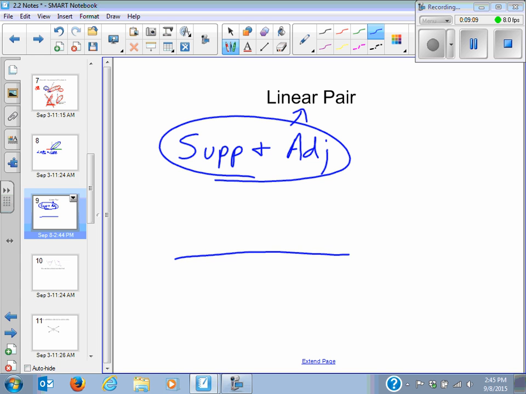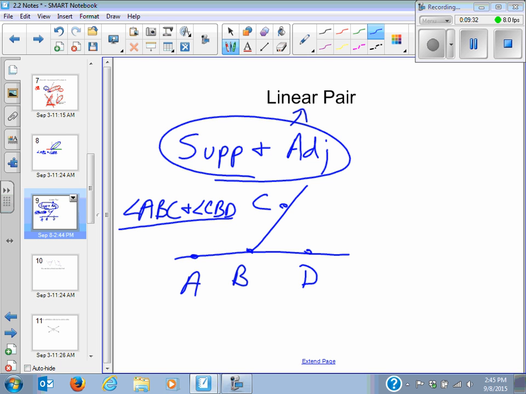So when you have a straight line, and you have like the example that we just did, these guys, if I label this, so the actual angle ABC and angle CBD, these guys are an example of a linear pair.